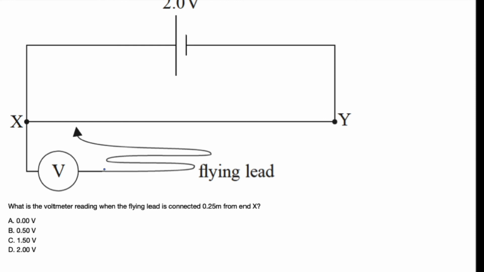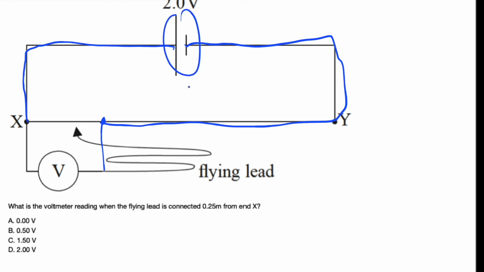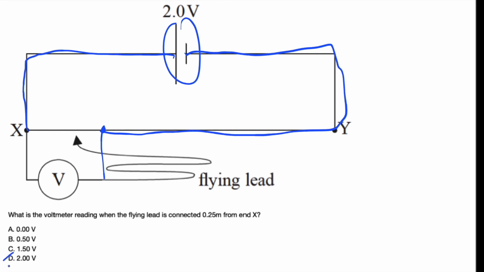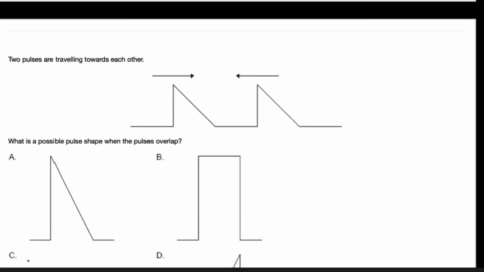So let's assume it's connected to this point. Then what does the voltmeter measure? It simply measures the voltage of the battery terminal, which is 2. So D is the answer.